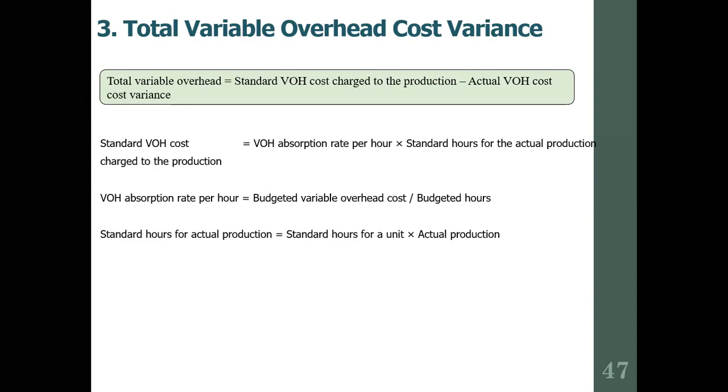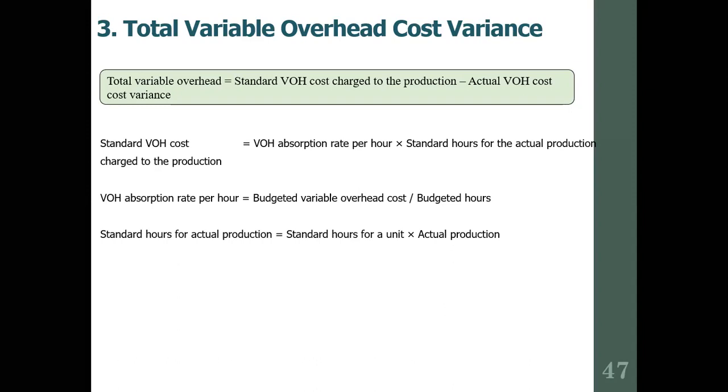So when it comes to the total variable overhead cost variance, the one input that you would take is the actual variable overhead cost. That's going to be the starting point.